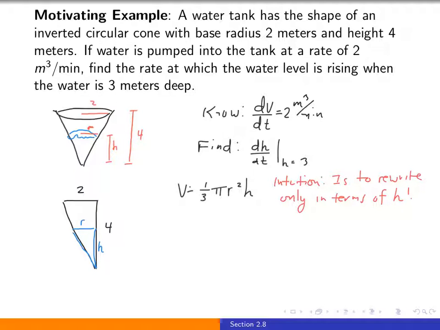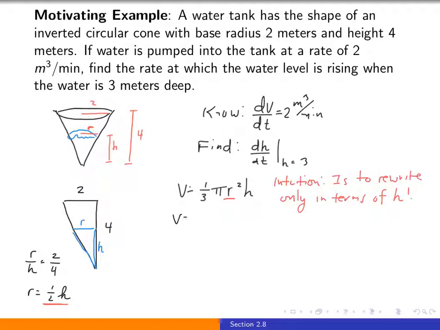And the key thing to remember is that when you have similar triangles, the ratio of their side lengths is going to be the same. So that means that in this case, r over h is equal to 2 over 4. So that is, the radius is equal to 1/2 of the height. And we're going to go ahead and take this value, 1/2 h, and substitute that in for r in the equation that we have for the volume.